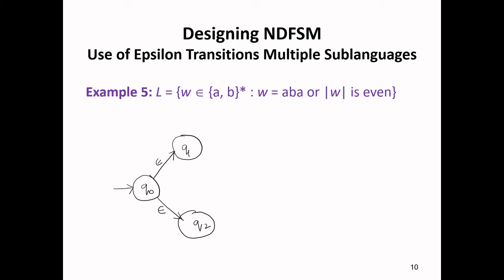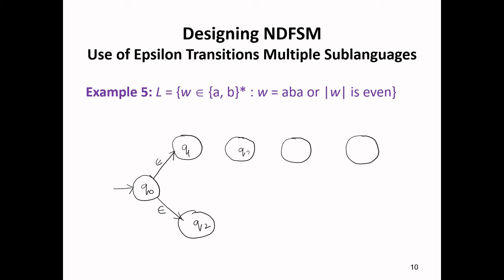Now let us take the sub language. So what is the sub language here? W having string ABA. So let us design. We know how to design. For ABA, string length is 3. The number of states needed is 4.